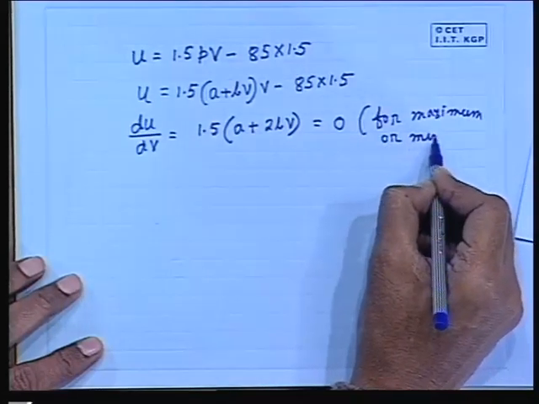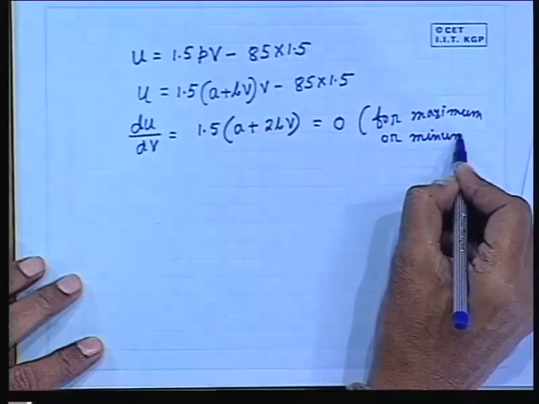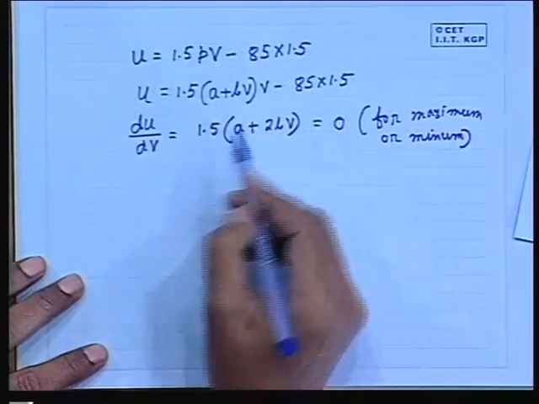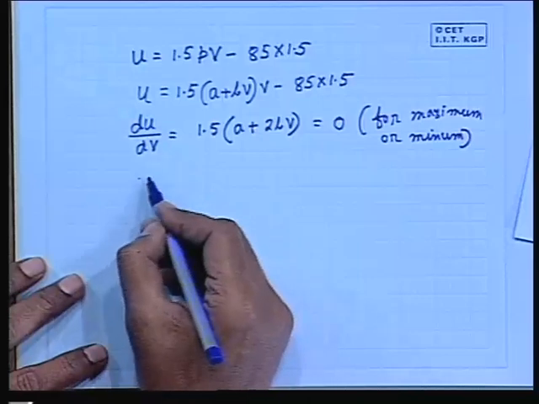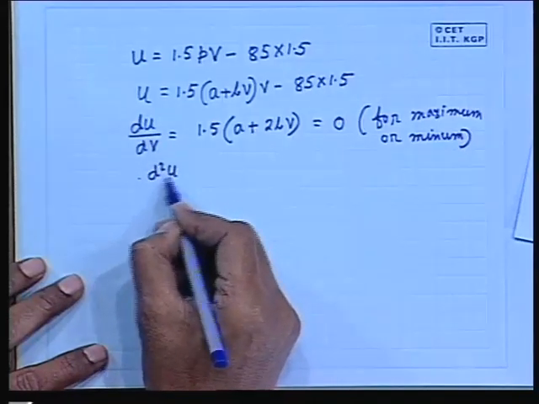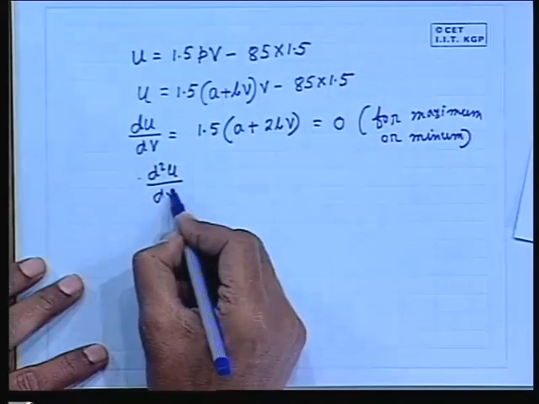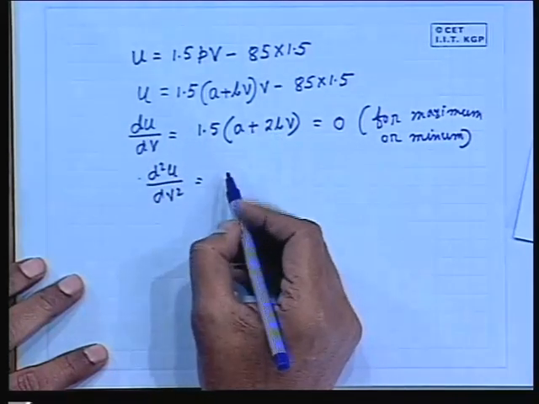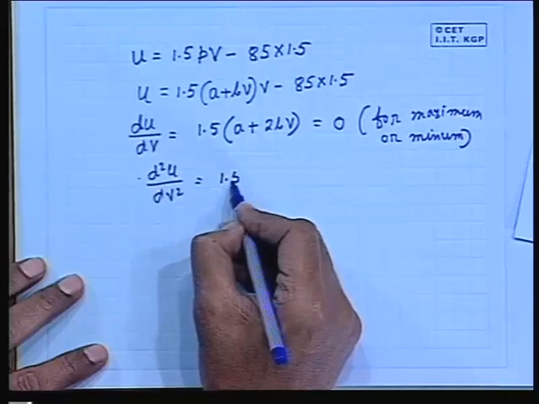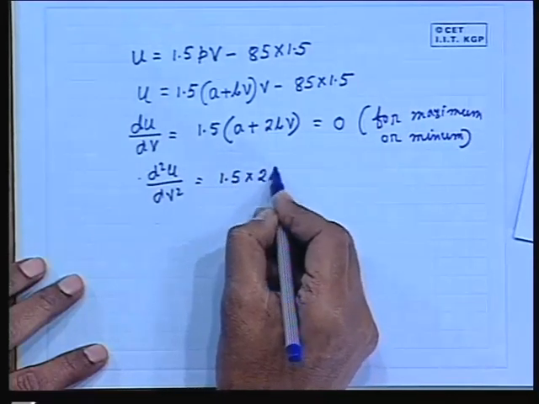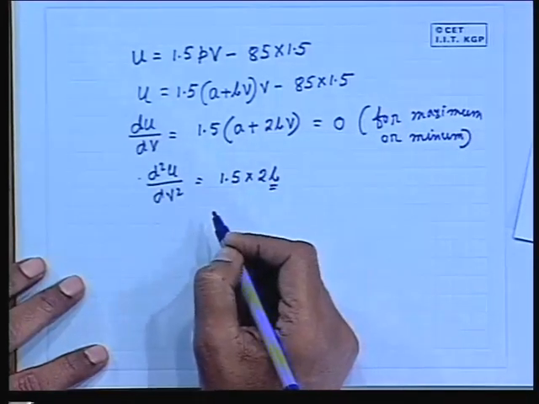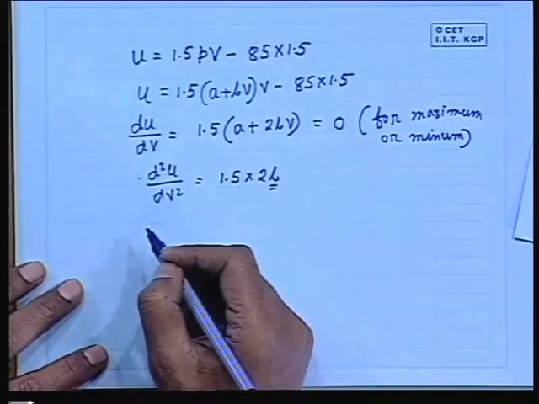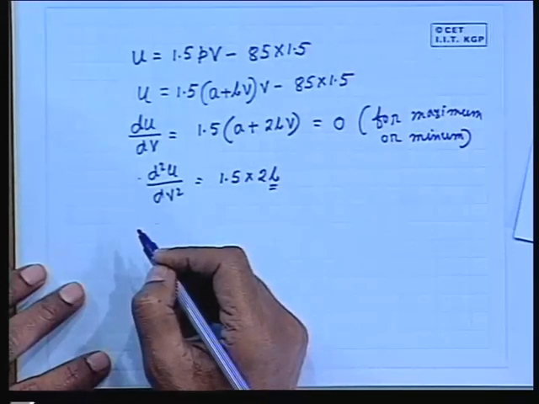But this curve has only a maximum with the values of A and B. How? d square U by dV square. Please, any question? dV square is negative. Why? What is d square U by dV square? That is equal to 1.5 into 2B. And B is negative in this problem, minus 800 kilopascals per meter cube.